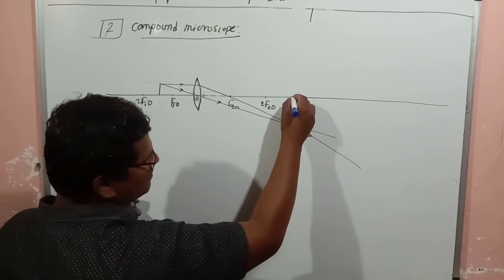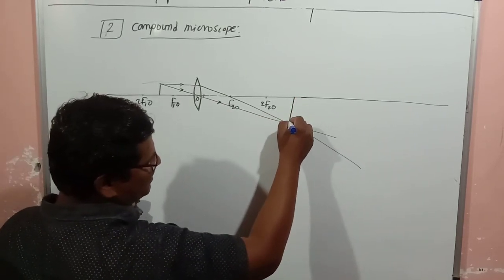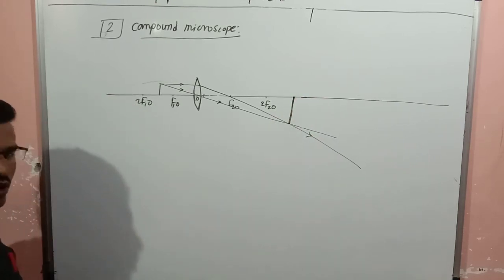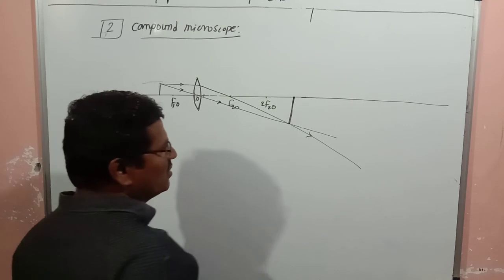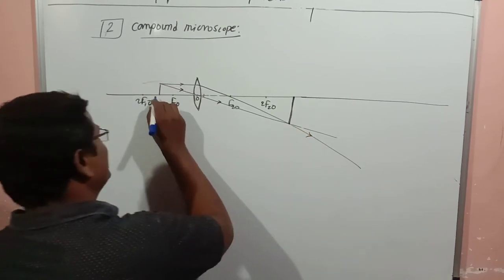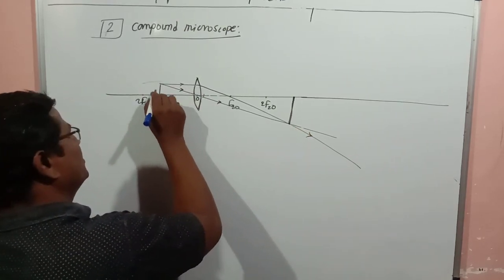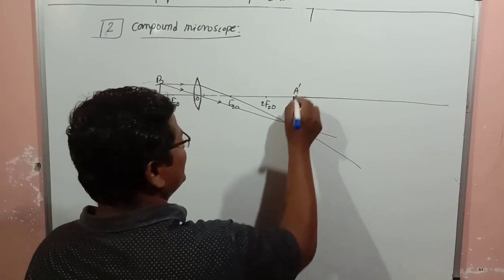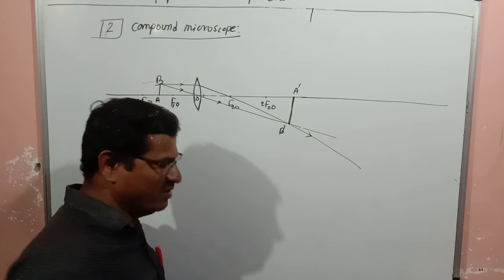They will meet at a single point beyond 2F1O. Suppose AB is the object, then here A dash B dash will be the image.